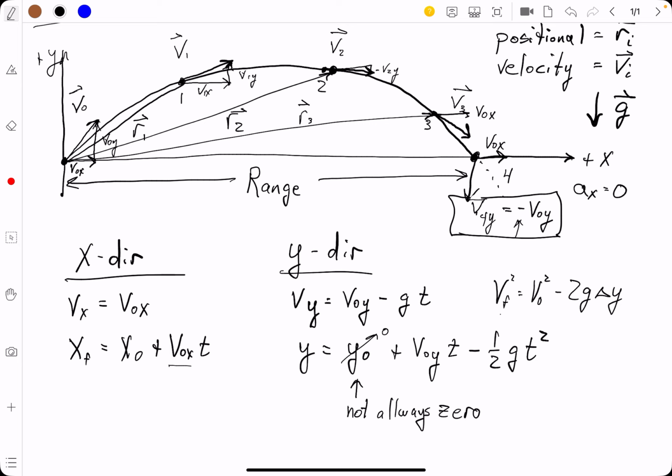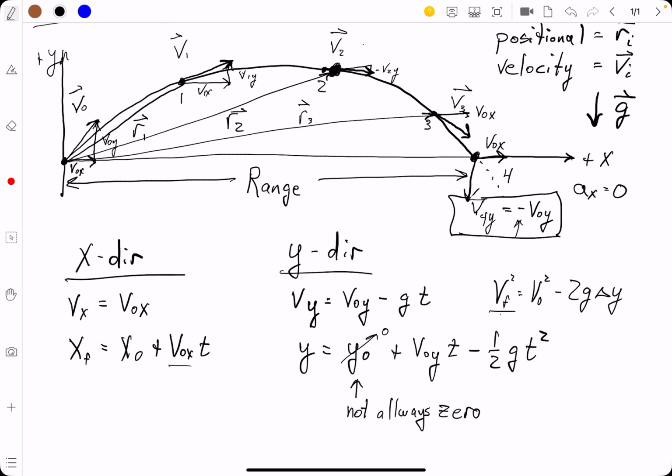If we're looking at point 2, if we're looking at this point here, then our V final would be V2, okay? That's our velocity at 2. So it all depends on where you're looking, right? It's not necessarily at the very end. It depends on what it is that you're looking for.